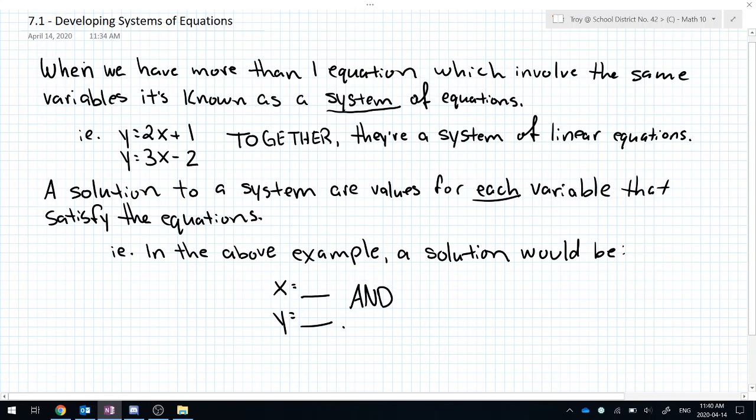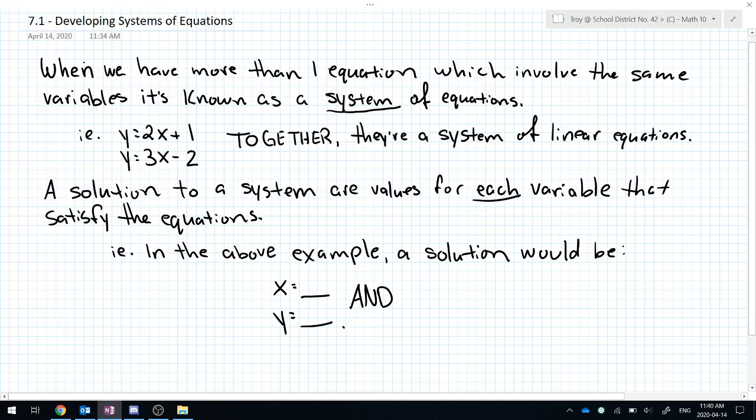So we need to have some value that each of them are equal to, both x and y together. That's what a solution would look like for these linear equations that we call a system when they're together.